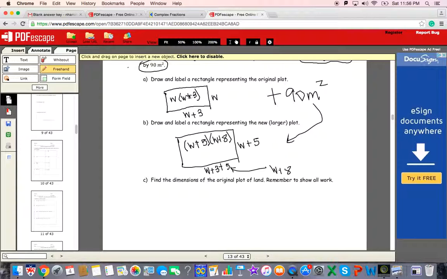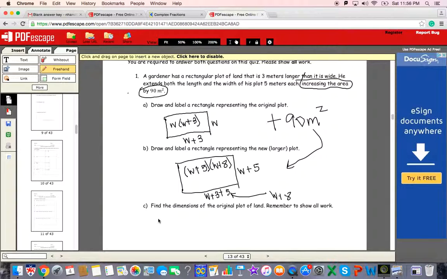So we take this area, add 90 meters squared, and we get this area. Now it's time to set this up. W times W plus 3 plus 90 should give us W plus 5 times W plus 8.